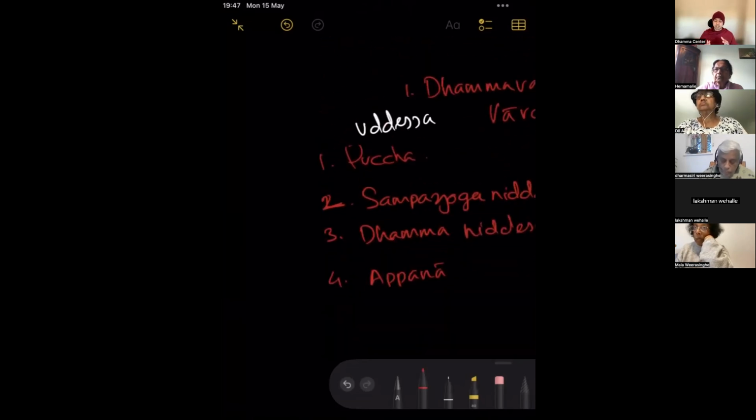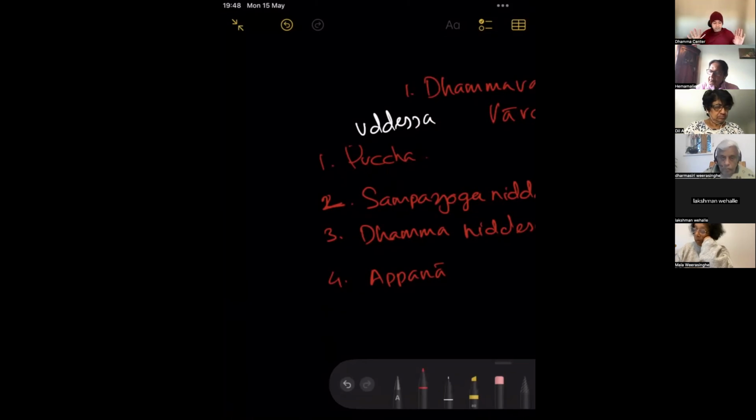So, Dhamma Vavatthana Varo is divided into two categories, Uddesa and Niddesa. Uddesa has Puccha, Sampayoga Niddesa, Dhamma Niddesa, Appana. Niddesa too has Puccha, Sampayoga Niddesa, Dhamma Niddesa, and Appana. Right? Two categories.